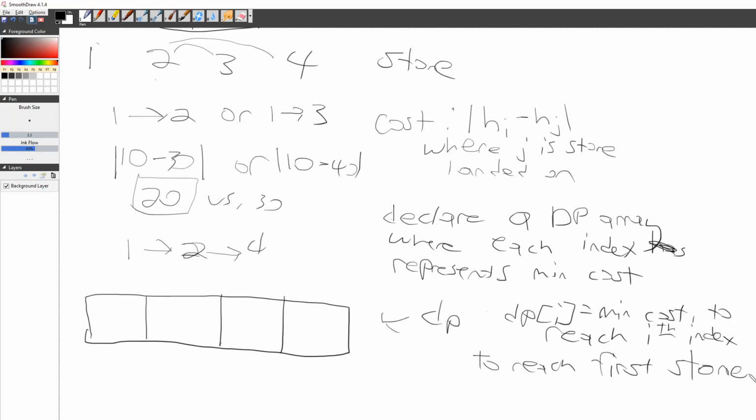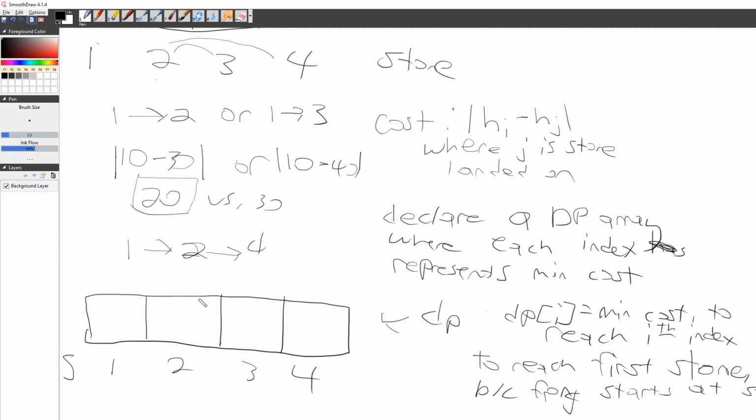Anyways, to reach the first stone, cost is 0, because the frog starts at stone 1. So I'm labeling stones again. S is for stone: 1, 2, 3, 4.